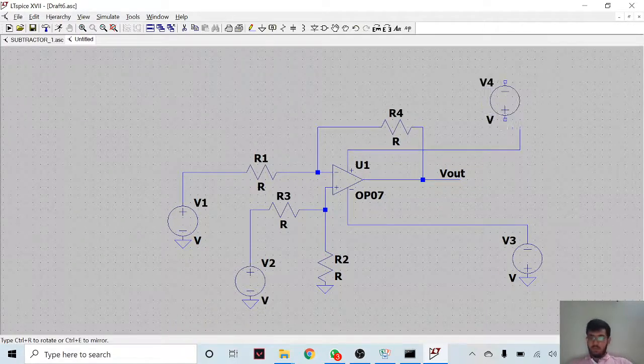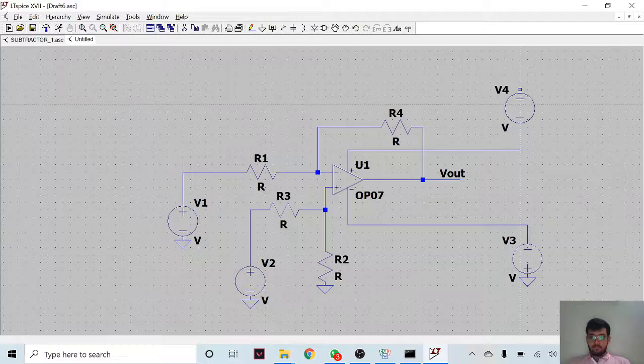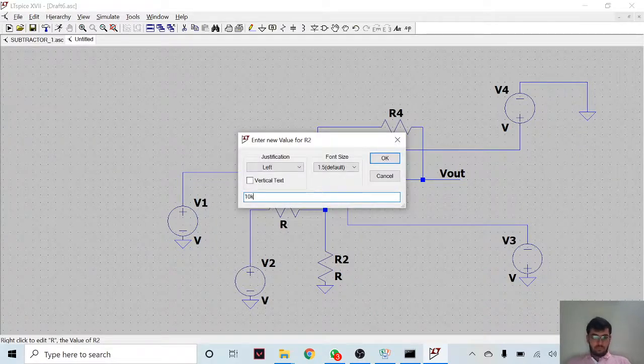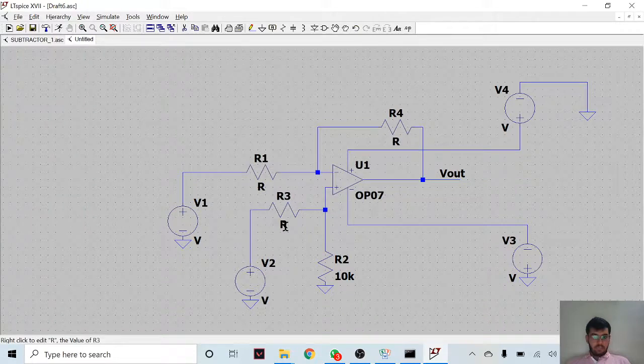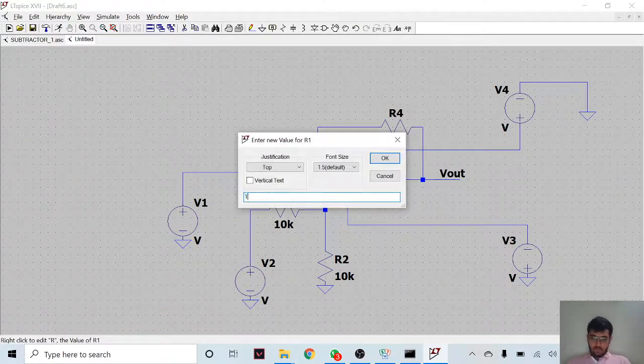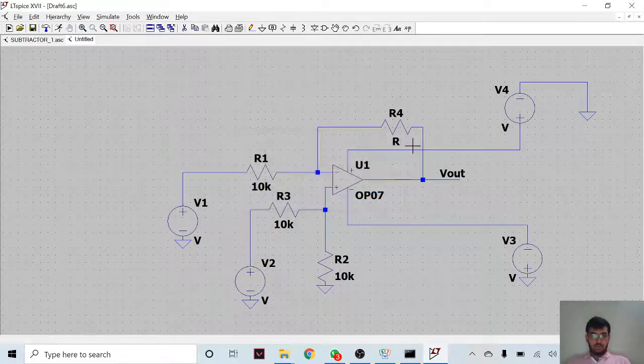We'll provide voltage to this terminal. We'll ground the negative side. Now we'll be giving resistors the value. Each resistor is of 10 kilo ohms.